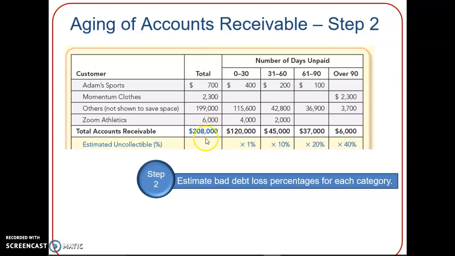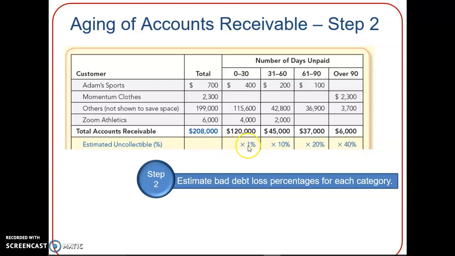And the second step, we estimate the percentage of accounts receivable that will eventually become uncollectible as time goes by. Because of the principle we mentioned early on, the younger the accounts receivable is, the less likely it is to turn bad, and the older the accounts receivable is, the higher the possibility that it will become uncollectible.